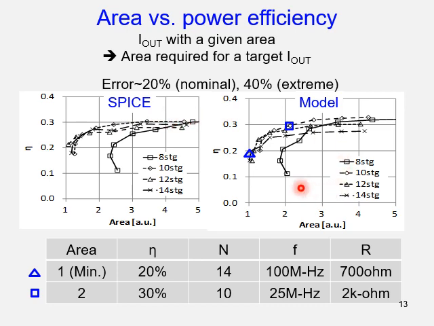These two are identical conditions, but one is SPICE and the other is the model. So there is some discrepancy between the two, but the tendency is very close. And the error is nominally 20% and the extreme case is 40%.